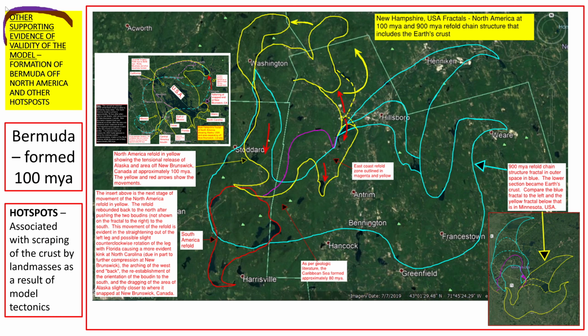Okay, other supporting evidence of the validity of the model: formation of Bermuda off North America and other hotspots. So Bermuda, we talked about this before, but this is basically likely the culprit here. About 100 million years ago, or just after, according to my model, the land snapped on the North America refold, which is outlined in yellow, between New Brunswick, Canada, which I'm highlighting here, and what became the Bering Strait area near Alaska here.